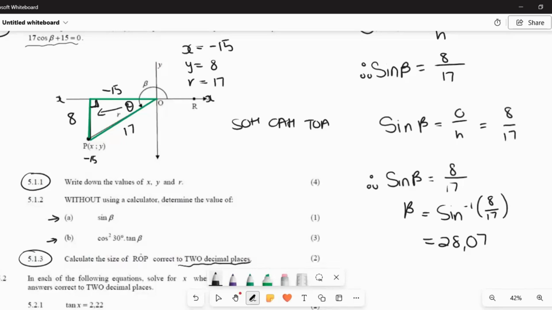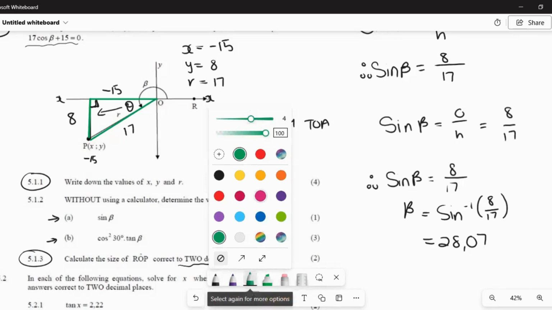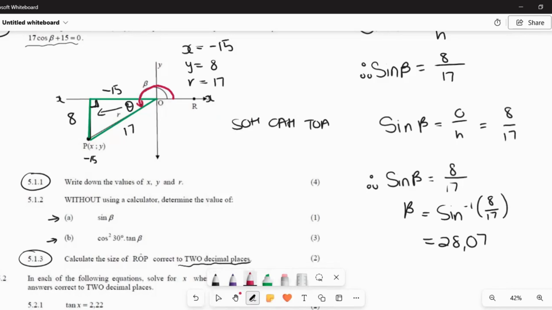But now, remember, the question said we should find ROP. So moving from R, O, P, all the way to there. Remember, we should also add the 180 because from R to this point, it is 180. And then from there to there, it is 28,07.